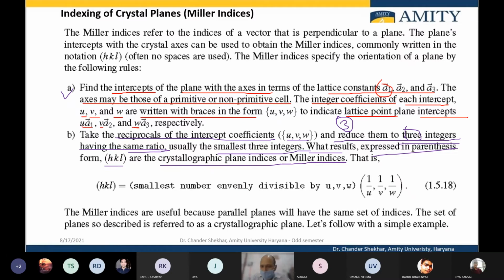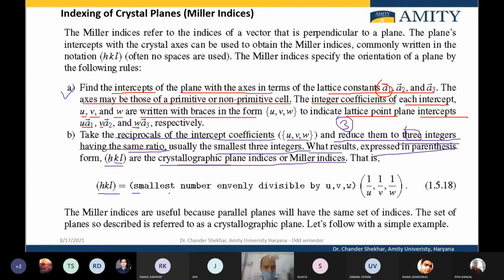First the intercepts, then the reciprocal, then reducing those reciprocals to smallest integers, and whatever we have, that cannot be a ratio, has to be a number in HKL. So the HKL in these parentheses represents the crystallographic plane, or the Miller indices of that plane.